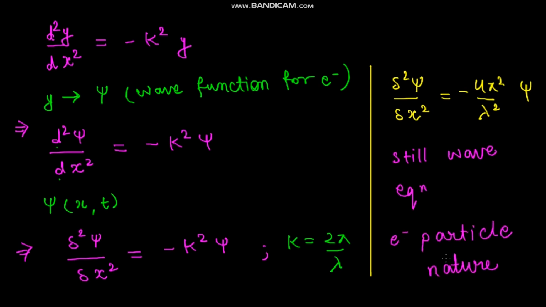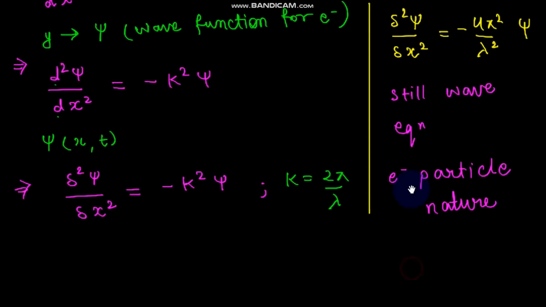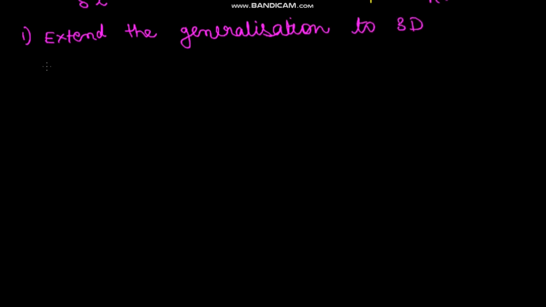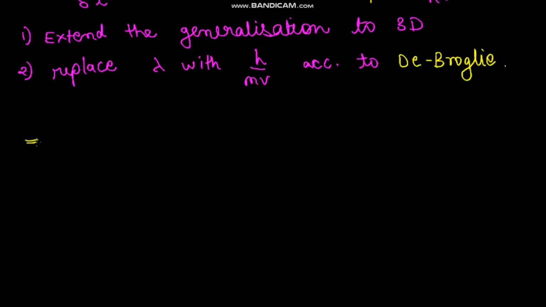So to include this, we will perform this in two stages. First, we will extend the generalization to 3D, and second, we will include the particle nature by replacing lambda with h upon mv, where m and v are mass and velocity of electron.